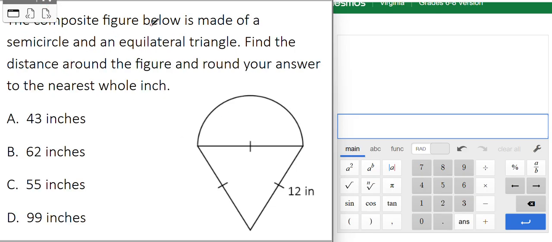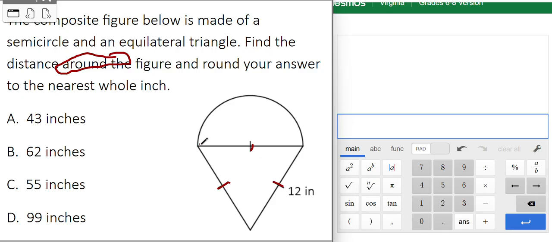It says the composite figure below is made of a semicircle right here and an equilateral triangle, which means every side is exactly the same. These congruency marks here show you if this is 12, everywhere there's a congruency mark is also 12. But it says find the distance around the figure and round your answer to the nearest whole inch.